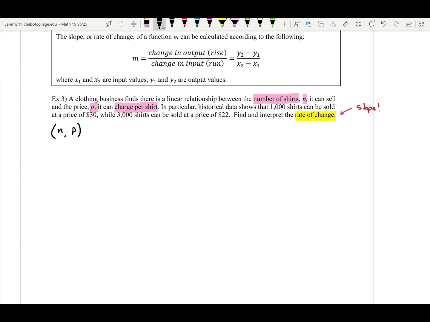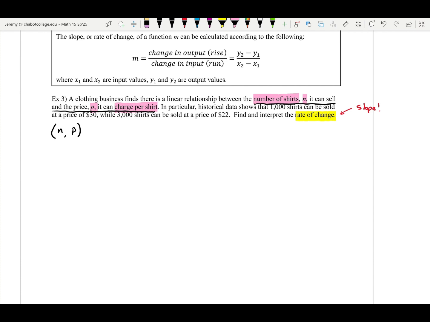Looking at this sentence right here, the number of shirts N it can sell, and the price P that I can charge per shirt. And looking at how we are given these values, 1,000 shirts can be sold at a price of $30. So it's like 1,000 shirts, that number determines the price that we can charge.